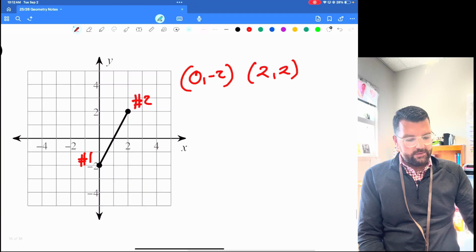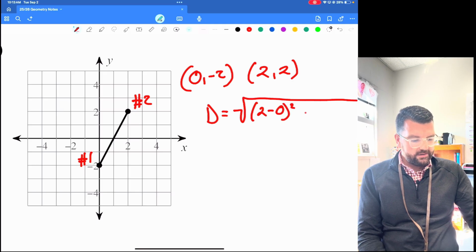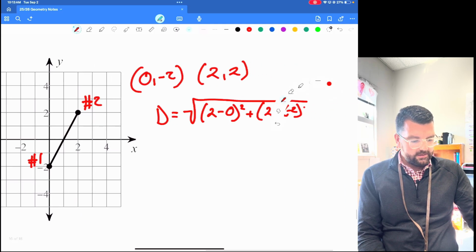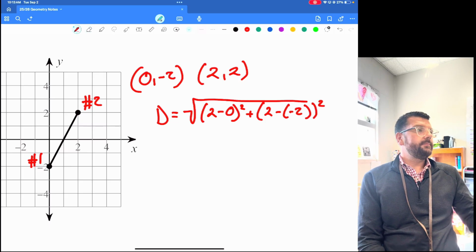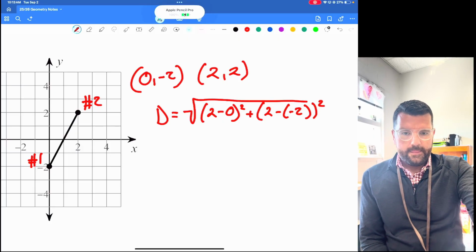So then when I go to write my distance formula, I have everything I need. x2 minus x1 squared plus y2 minus y1 squared. Okay? That's all I have for you as notes.